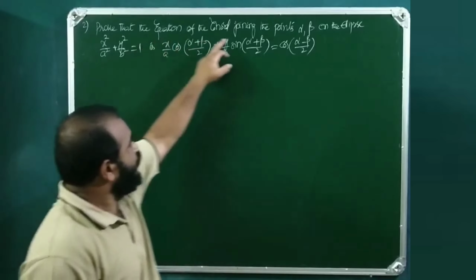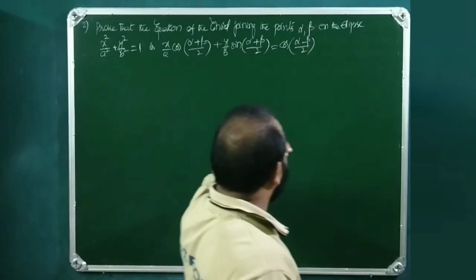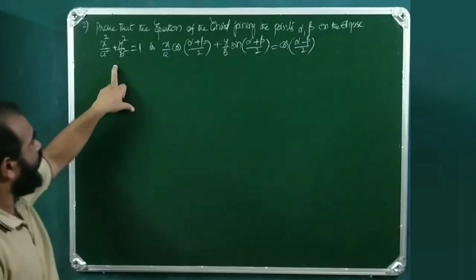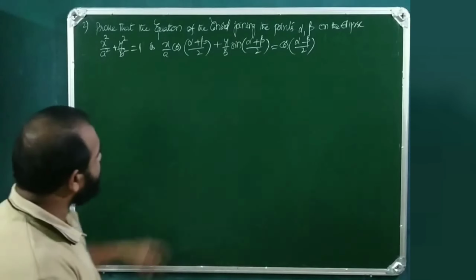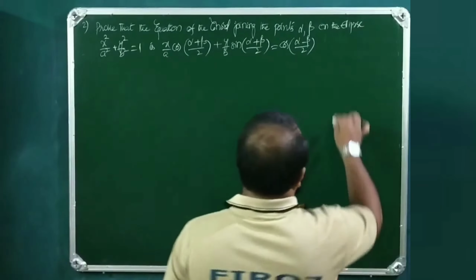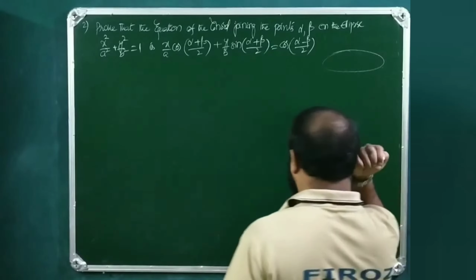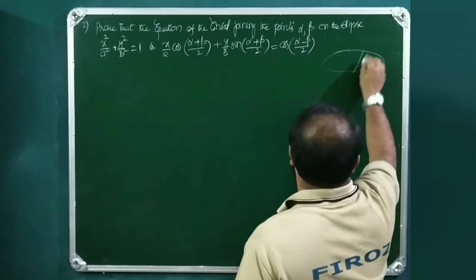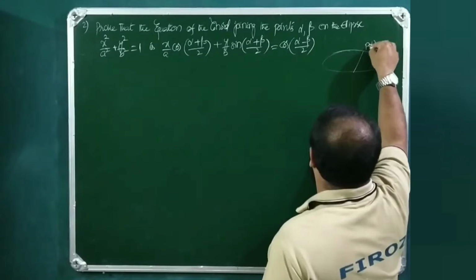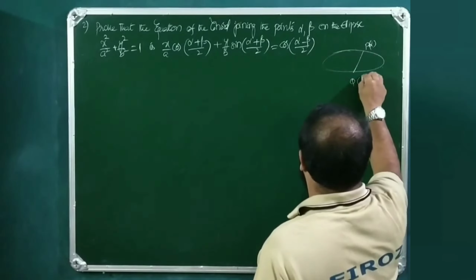Prove that the equation of the chord joining the points alpha and beta on the ellipse x square by a square plus y square by b square equals 1 is this, we need to show. That means this is the ellipse given, and P alpha point and Q beta point.